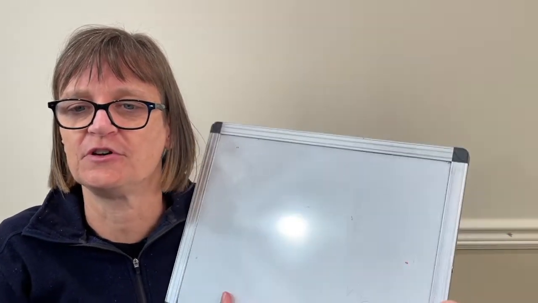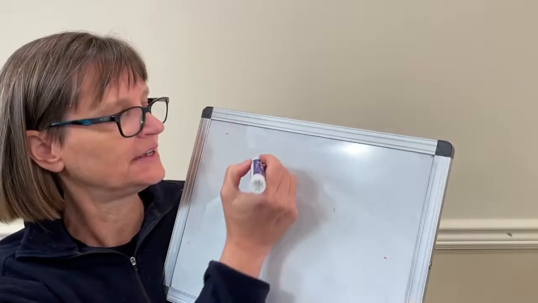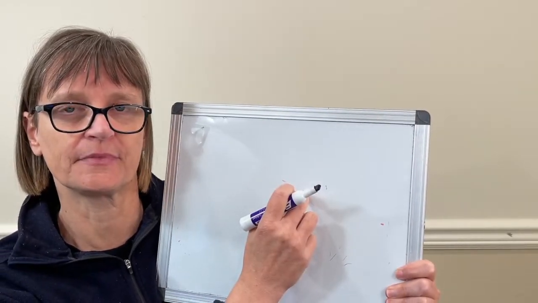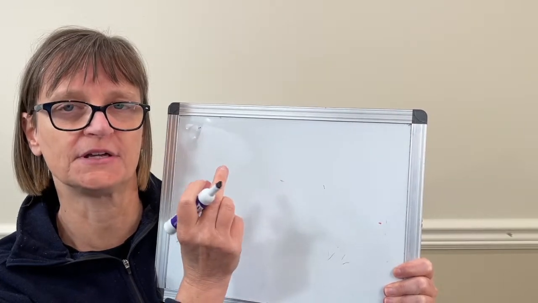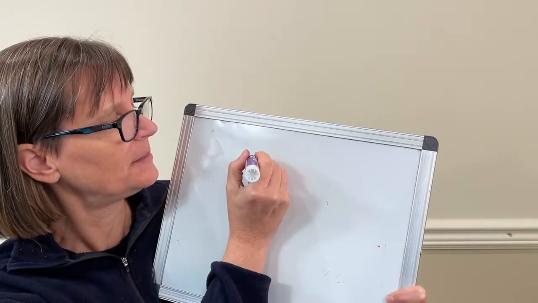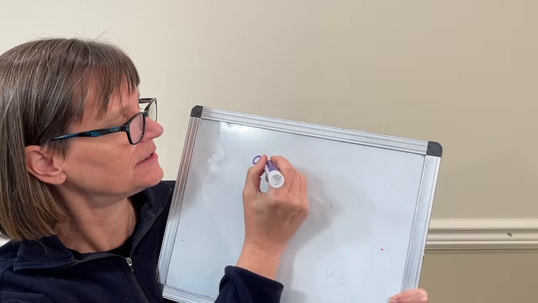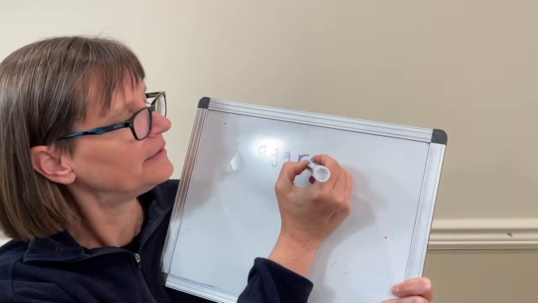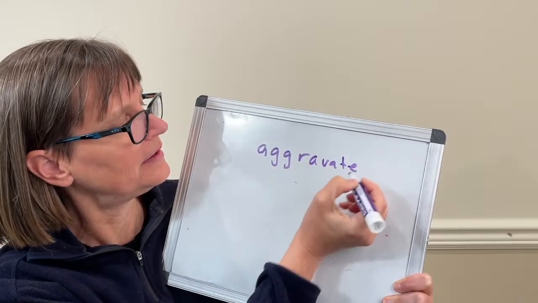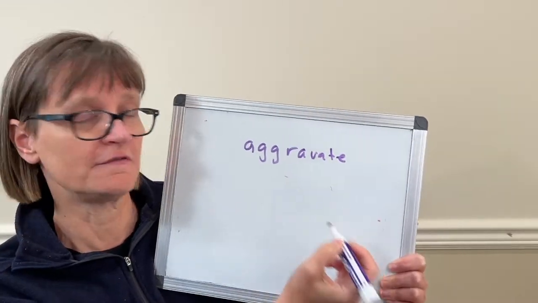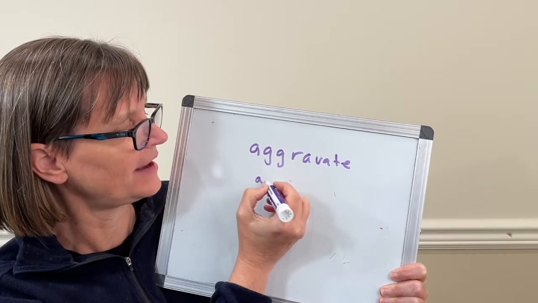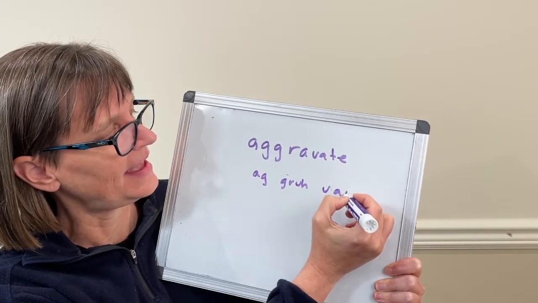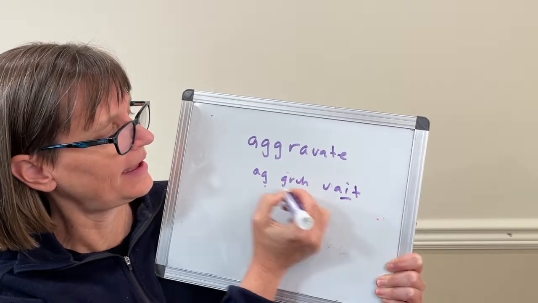Ashish wants to also know about aggravate. So aggregate, we remember had the it at the end, but then aggravate, now we have secondary stress on the vate syllable. So we again have our aggra, but now we have the A vowel here, aggravate.